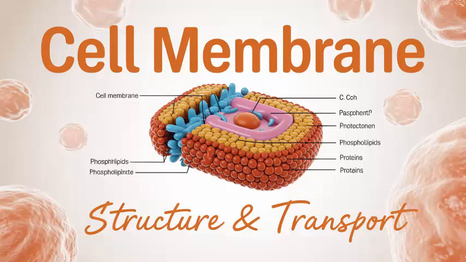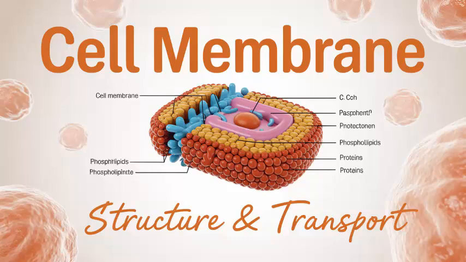They require energy, they require the carrier protein, and they require the ATPase. Special types of active transport are endocytosis, exocytosis, and transcytosis. Endocytosis is again divided into pinocytosis, phagocytosis, and receptor mediated endocytosis.